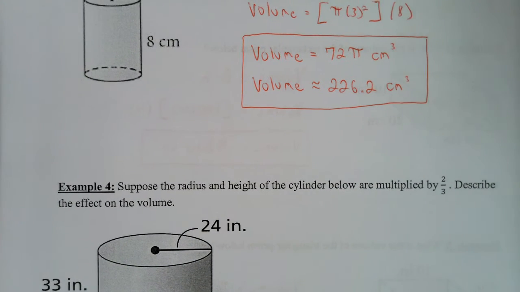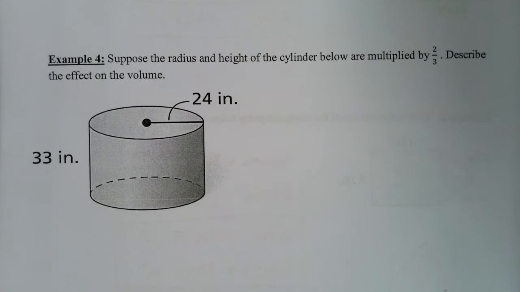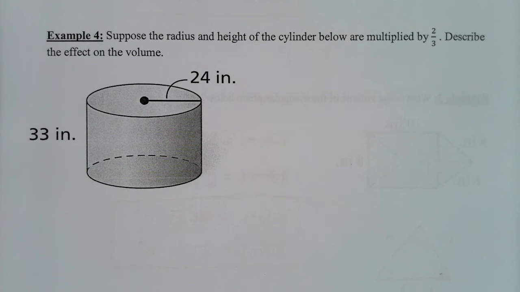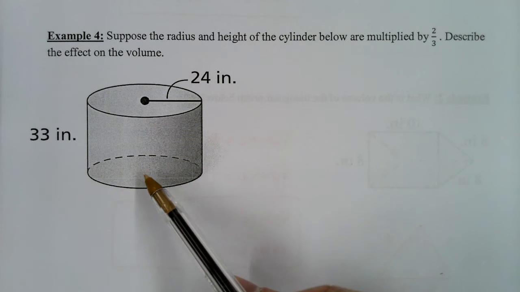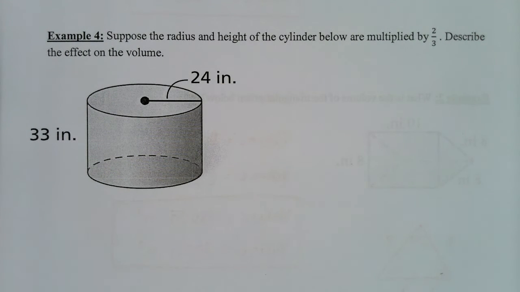Okay, so here's this next problem. Suppose the radius and the height of the cylinder below are multiplied by 2/3. Describe the effect on the volume. I'm not going to actually get the volume of this and then multiply each by 2/3 and get the volume of that and compare the two. I'm going to try to do it a quicker way.